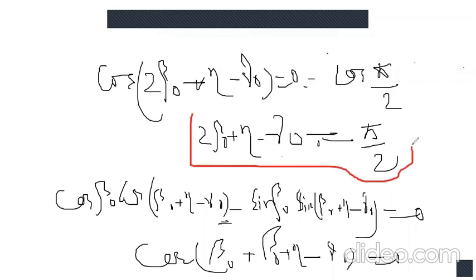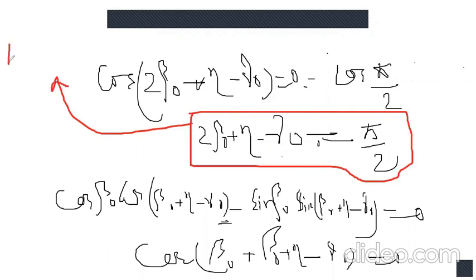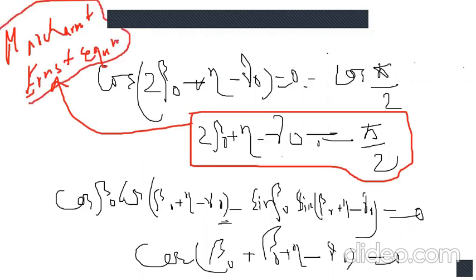This is our equation. This equation is known as the Merchant-Ernst equation. By this equation we can calculate the frictional angle, beta 0, gamma 0. Simple. Okay. Thank you.